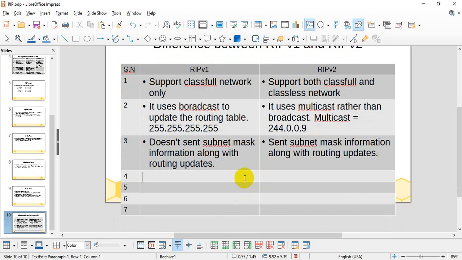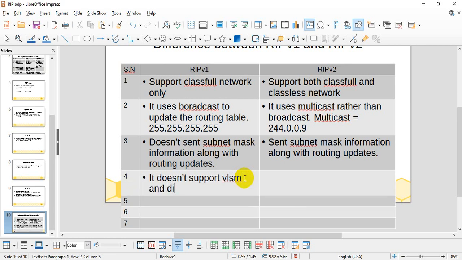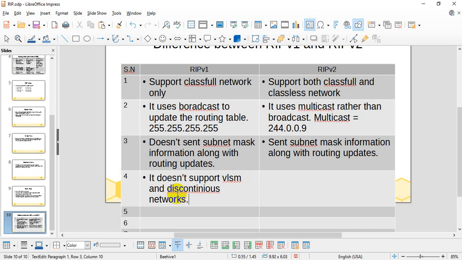And RIP protocol version 1 does not support VLSM and discontinuous networks. Okay, it doesn't support VLSM and discontinuous networks.